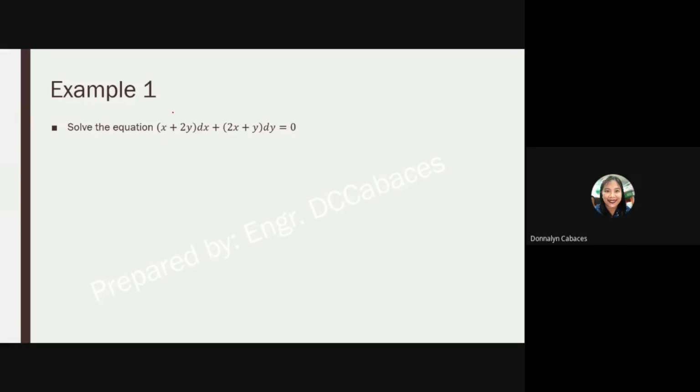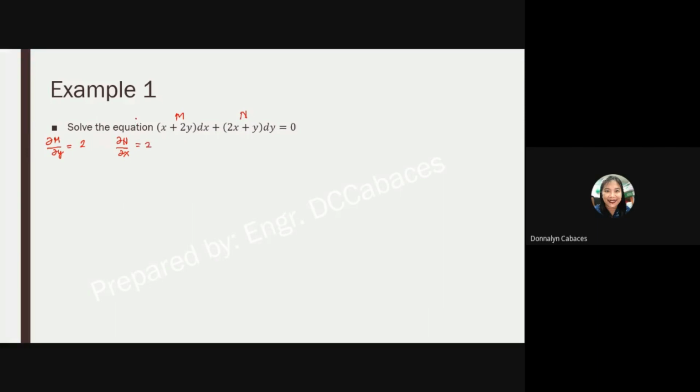So again, this is your M dx, and this is your N dy. For the test for exactness, we obtain first the partial derivative of M with respect to y. Taking it with respect to y, it means that x is held constant. So the partial derivative of M with respect to y is 2. And the partial derivative of N with respect to x is also equal to 2.